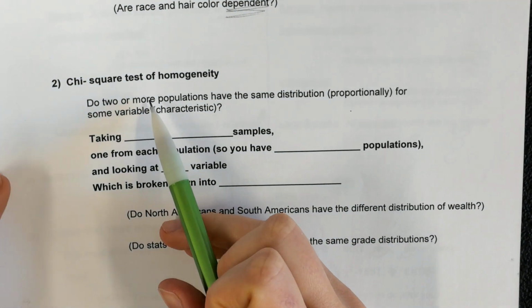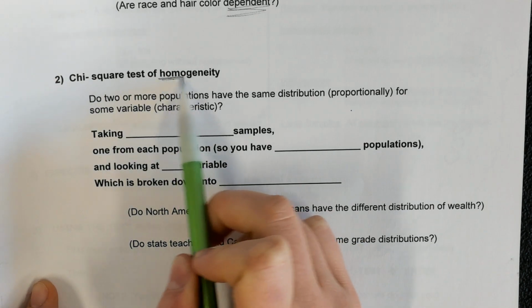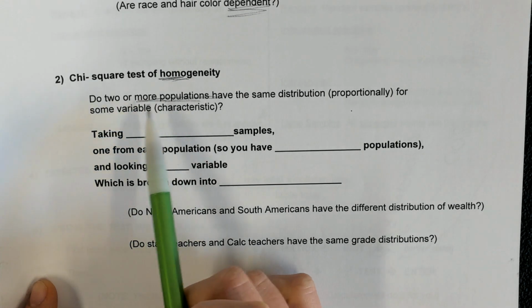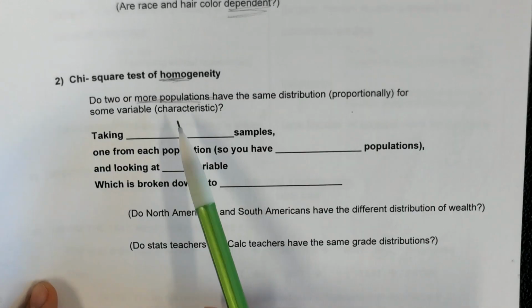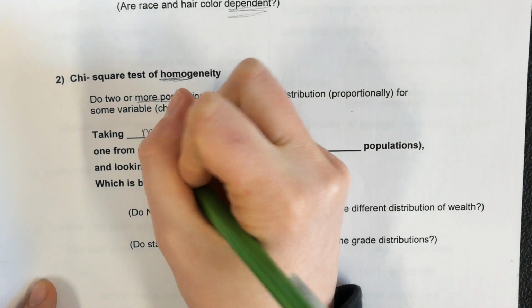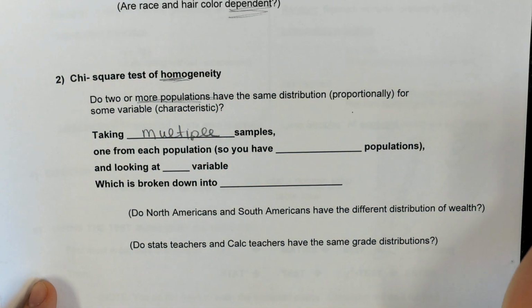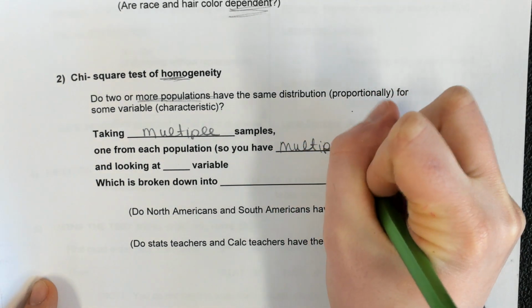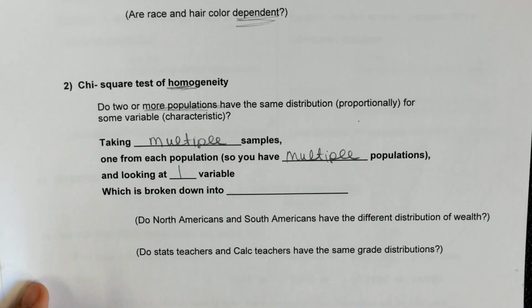A chi-squared test of homogeneity means, remember, homo means the same, we're going to look to see, if we have many populations, whether one characteristic, or one variable, among them is the same. So we're going to take multiple samples, one from each population, and look at a single variable within each of these different populations.